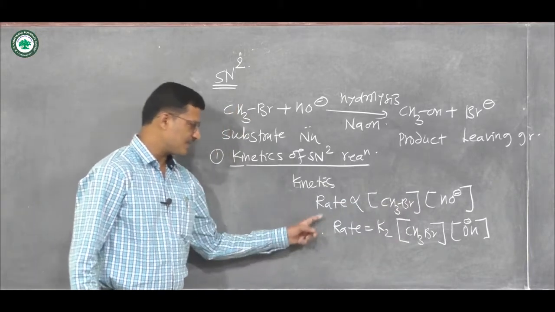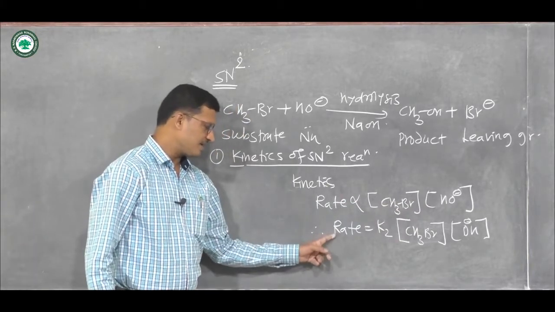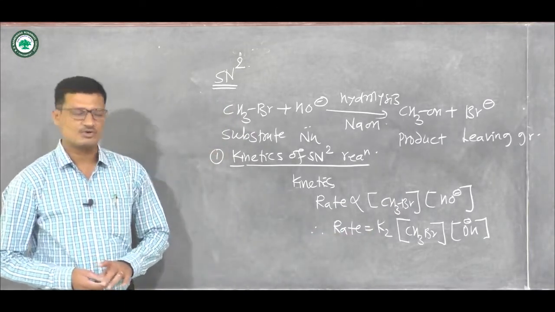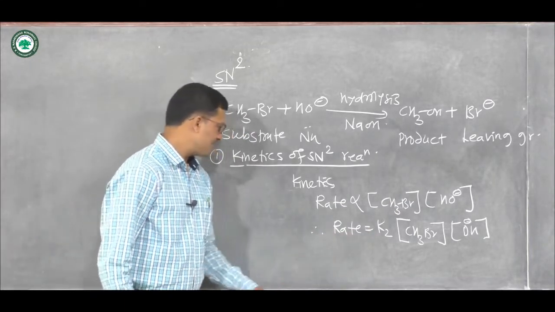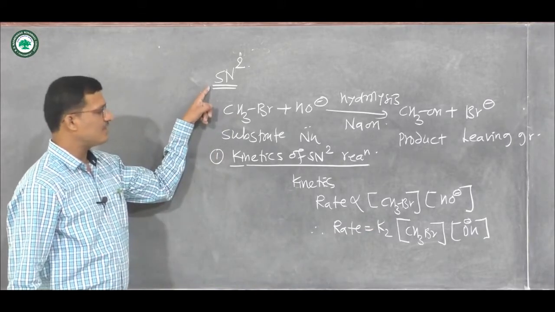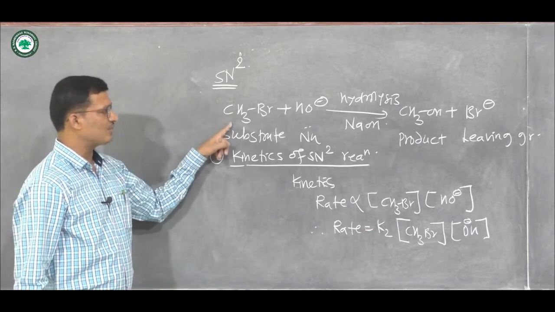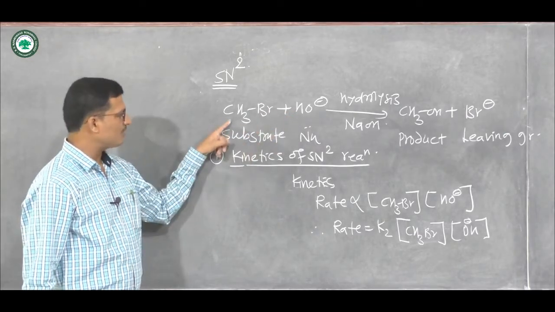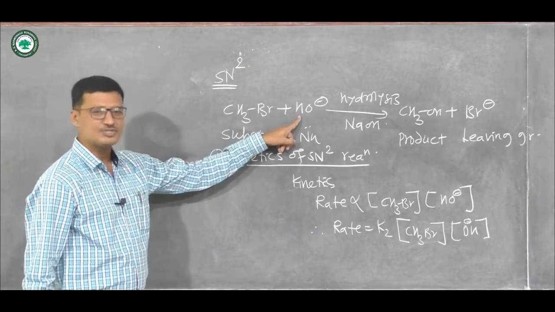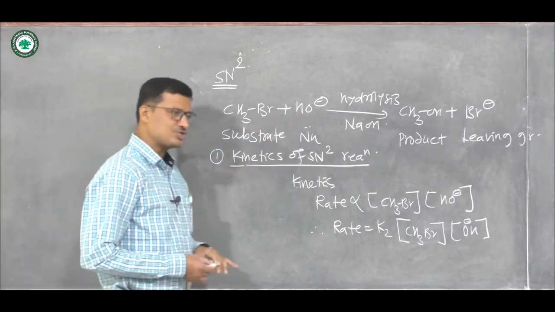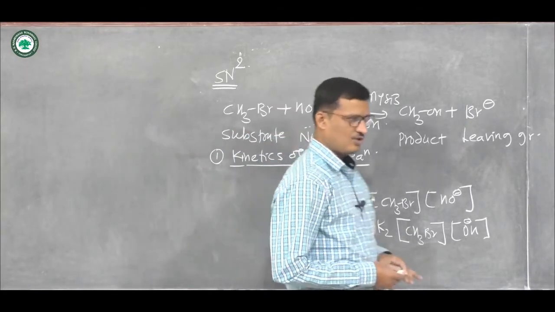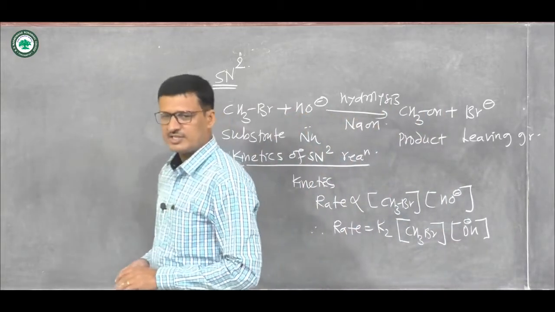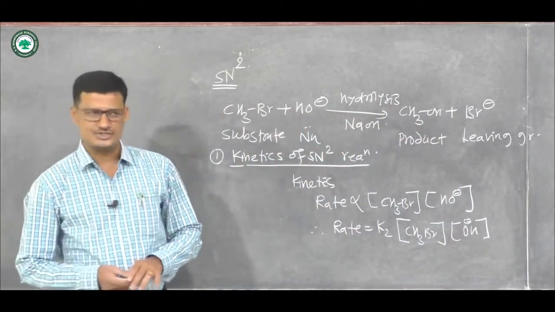Here K2 is the second order rate constant. In the Sn2 reaction, the rate of the reaction depends on the substrate as well as the reagent, methyl bromide as well as OH minus. So if we change the concentration of methyl bromide or the concentration of OH minus, the nucleophile, the rate of reaction changes.